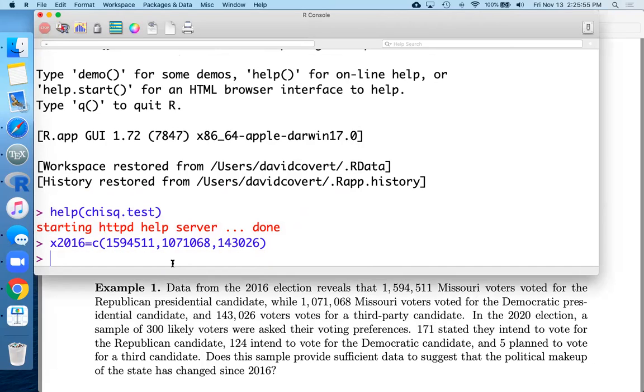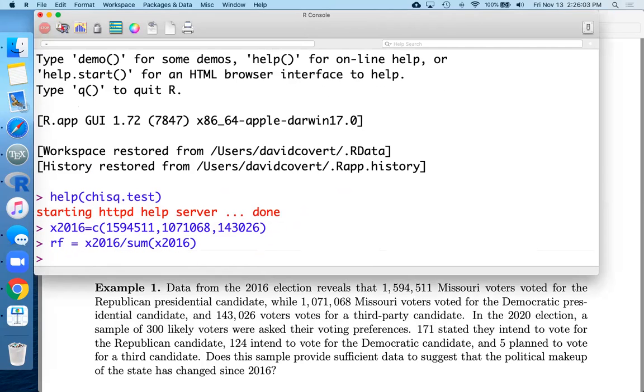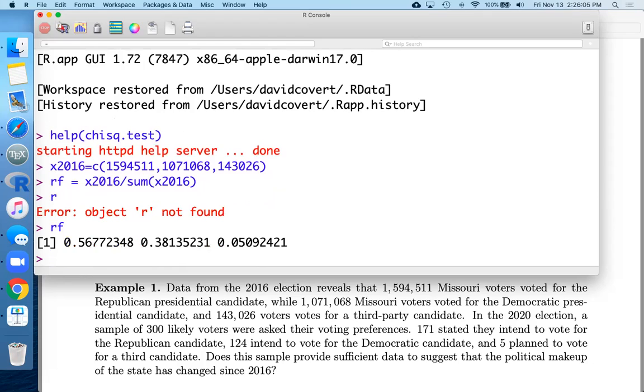And if we want to turn this into the relative frequency, we can take this data and divide each number by the sum of the data. That's going to turn it into this relative frequency term. These are basically the probabilities that a randomly selected 2016 voter would vote Democrat, Republican, or third party. That's where the 56.77% came from in the videos.